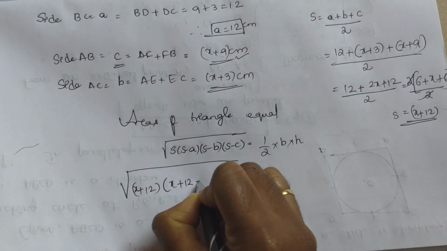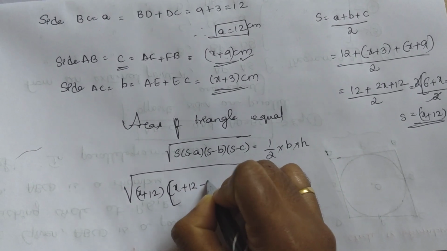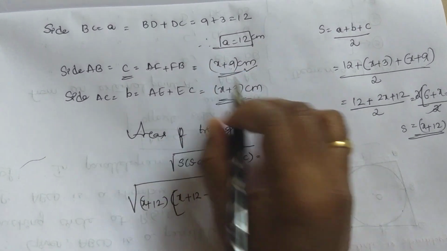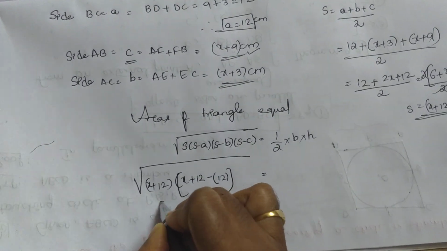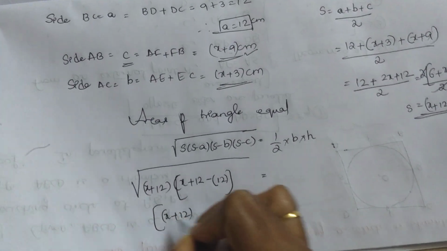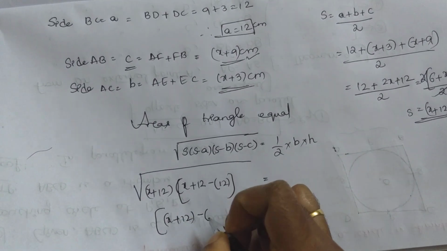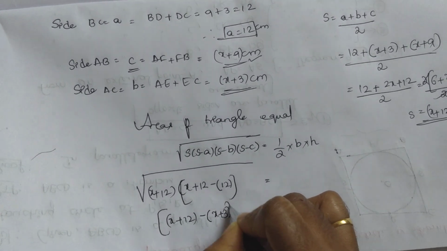x plus 12 into s minus a, this is the s value, minus what is a? See here, minus 12. Again s minus b: x plus 12 minus b, which is x plus 3, minus of x plus 3.